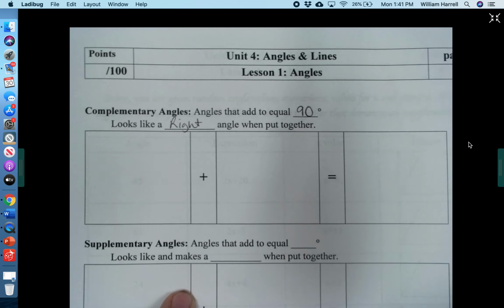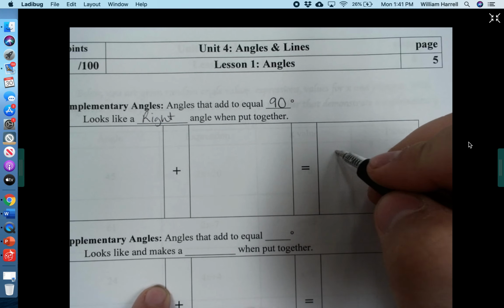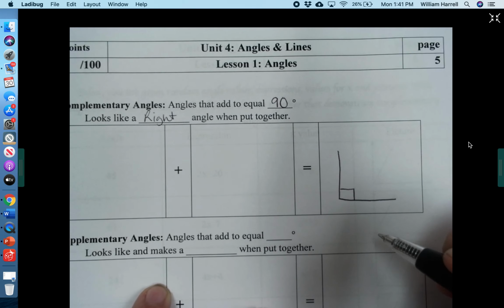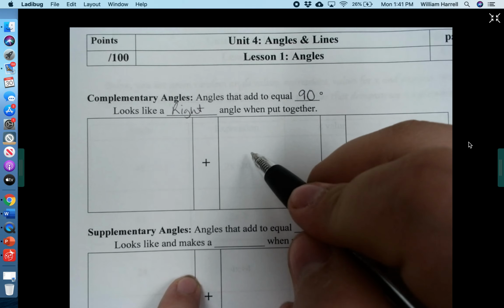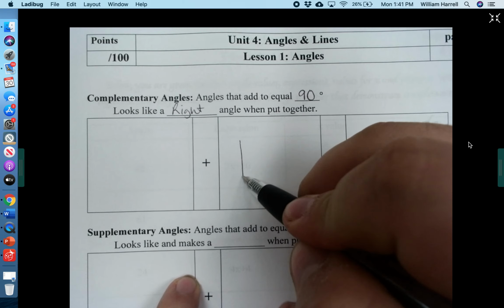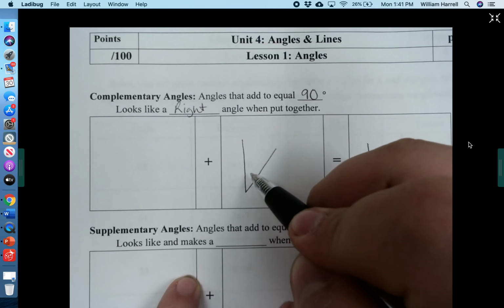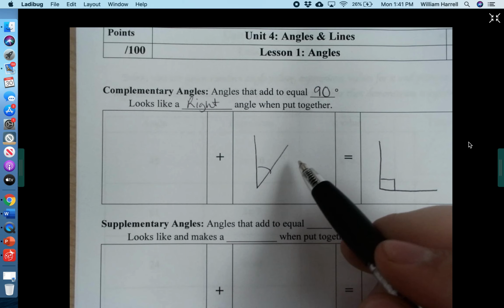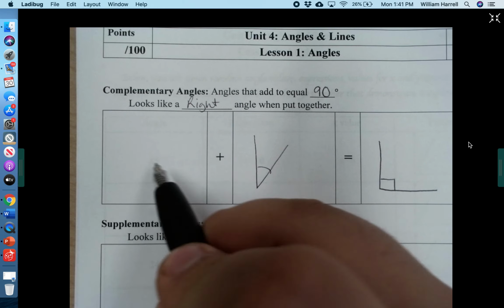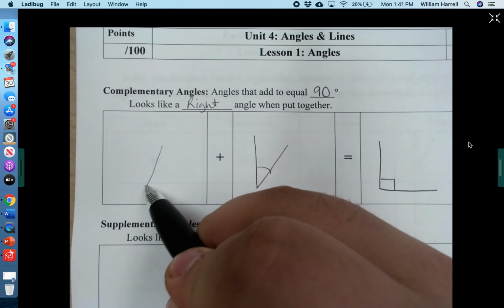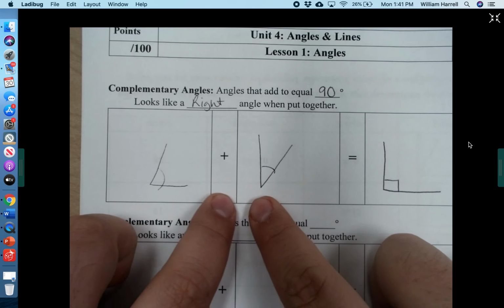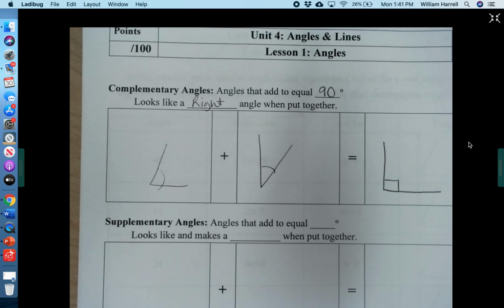I don't care how big or how small, as long as my end picture kind of looks like an L. So for example, if I'm given this and I want to find its complement, I'm missing this piece right here, so I'm going to try my best to put that together, and then if I slid them together, hopefully I would get that. Again, this is not going to be exact, but it's pretty close.